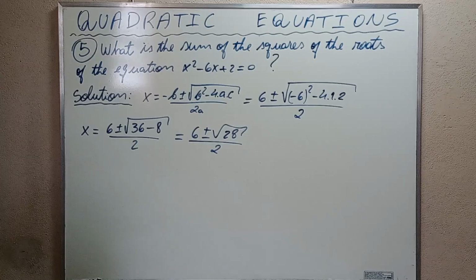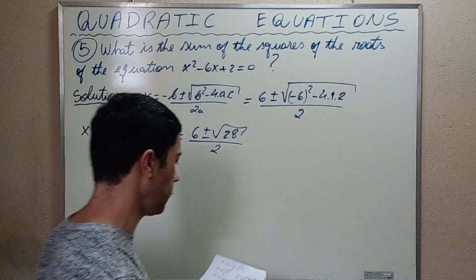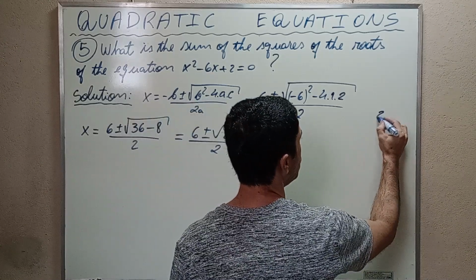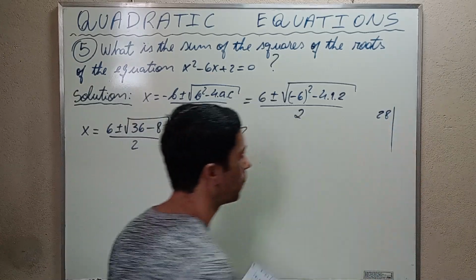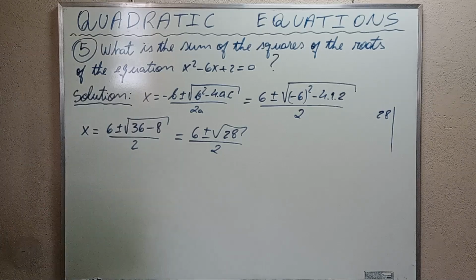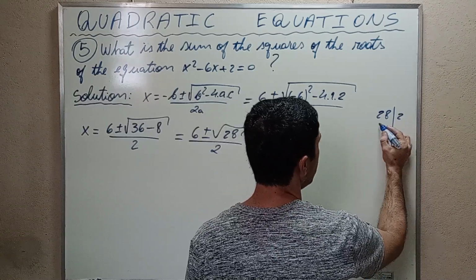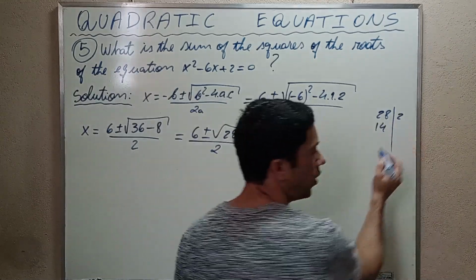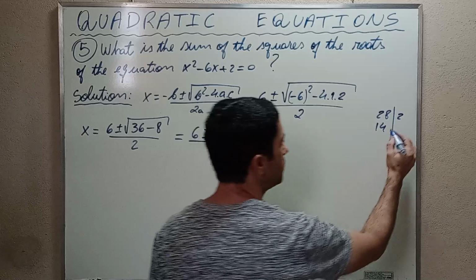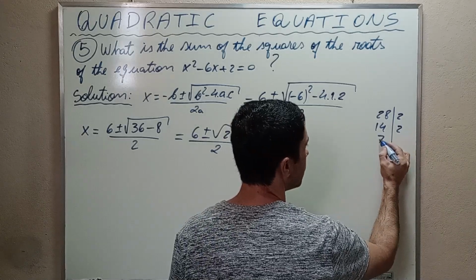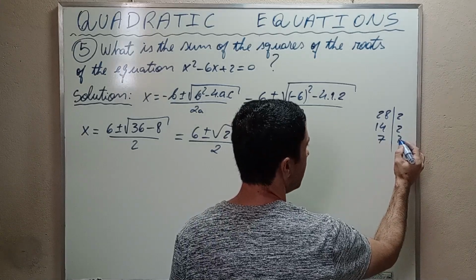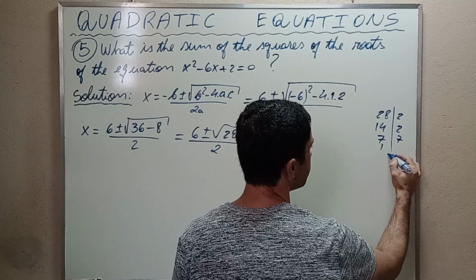Observe that we can write 28 in this way. Find the divisors of 28. 28 divided by 2 is 14. 14 divided by 2 is 7. 7 divided by 7 is 1.